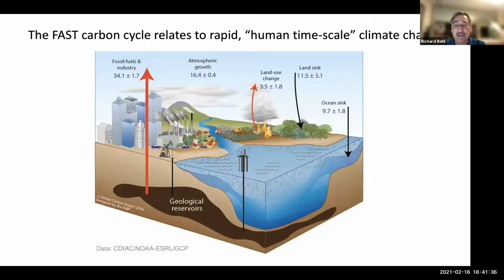This relates to changes in land use, agriculture, fires, production of hydrocarbons and burning them, generating our energy, uptake of that CO2 in growing plants on land and in plankton in the ocean, and dissolving back into the ocean. This is really, really fast. This is human time scale type changes, and often it is proceeding at rates that we don't quite put our hands on well, because we don't see where the carbon's moving at any one time in particular.